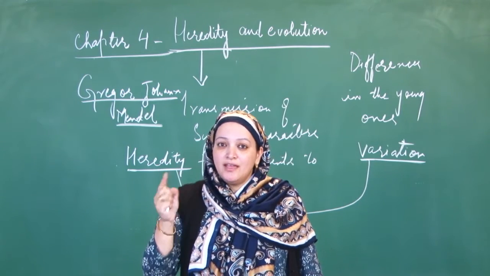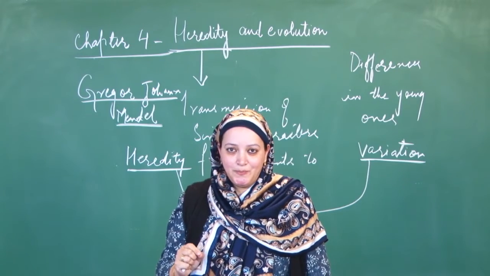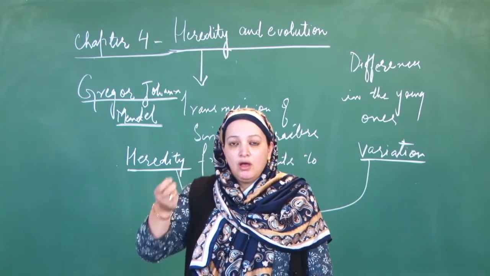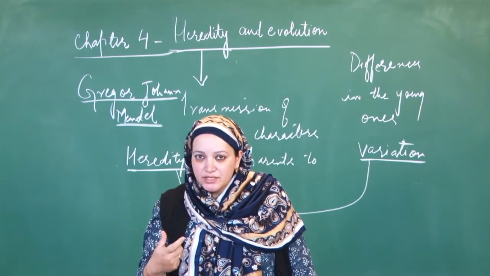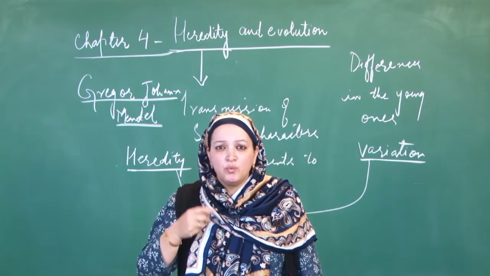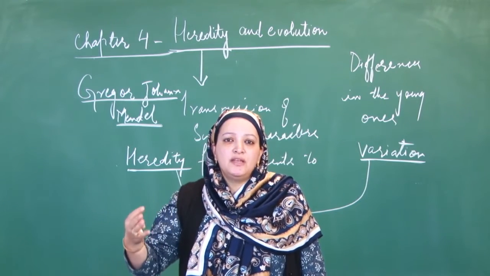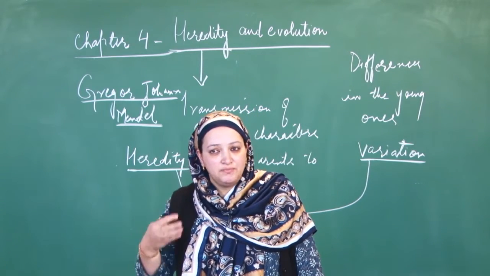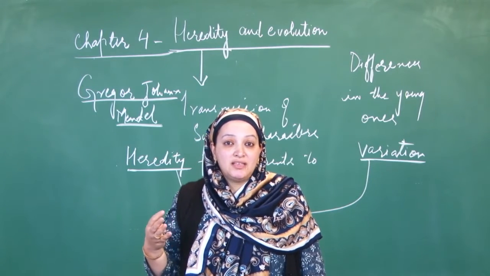The reason is mutation, that is error in DNA replication. In asexual reproduction, there is this one reason for the difference, and it is not visible within one generation. It gets accumulated over several generations, and then after a period of time we can see that variation has taken place.